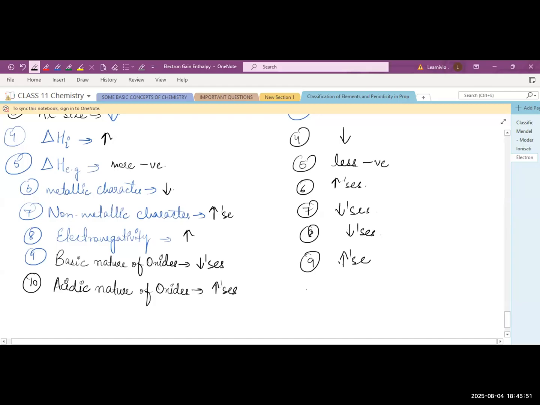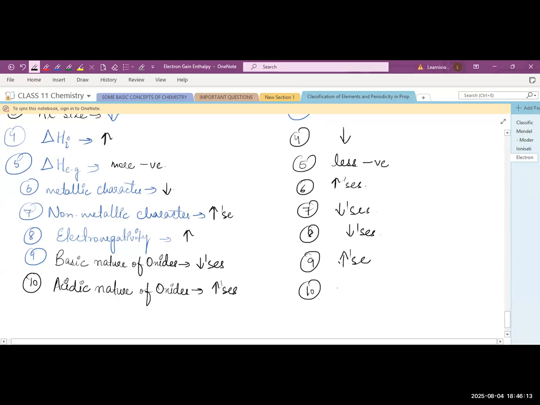So the metallic character is proportional to the basic nature, and non-metallic character is directly proportional to the acidic nature, right? Because we know that metals form basic oxide and non-metals form acidic oxide, right? So you remember it like this.